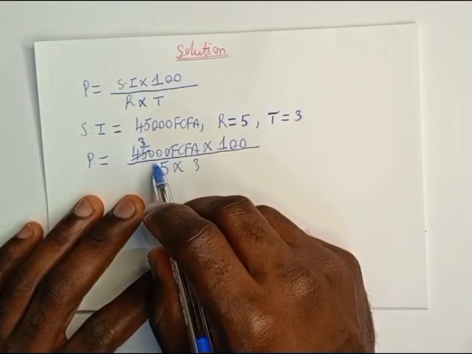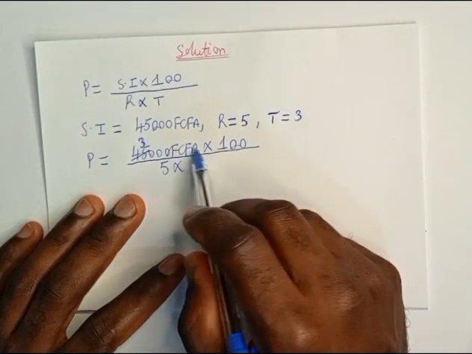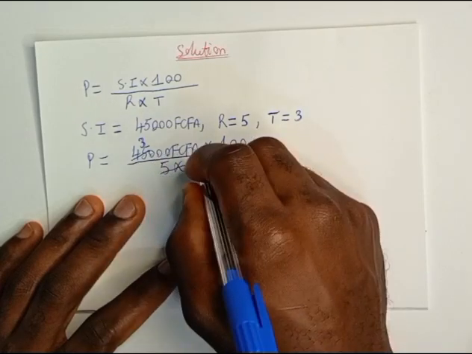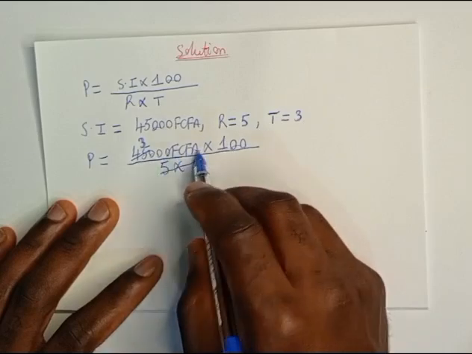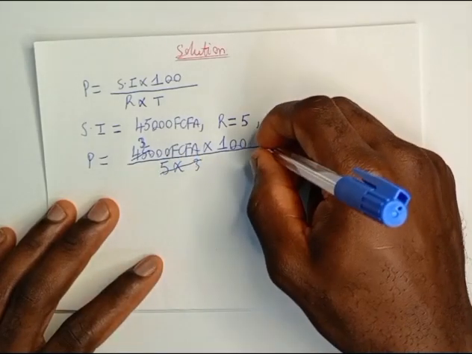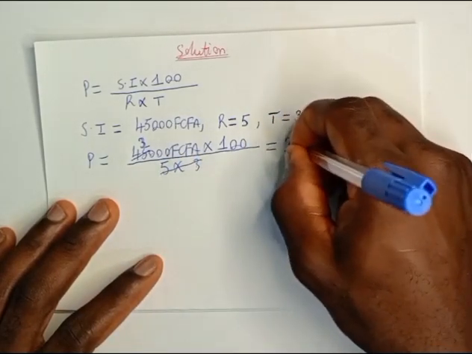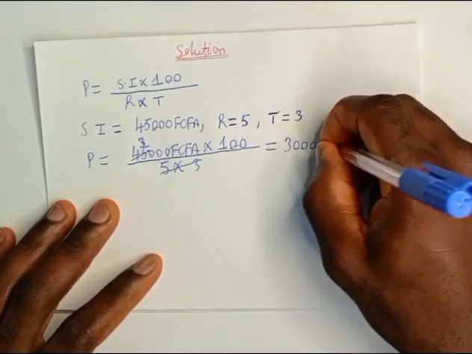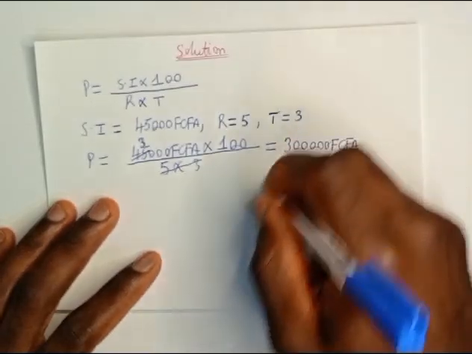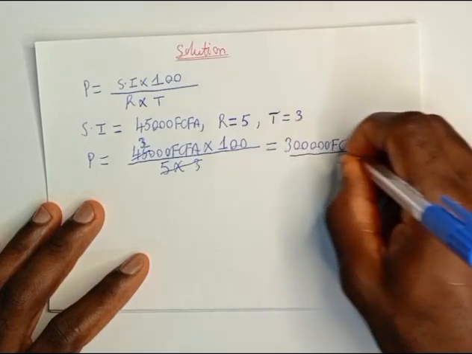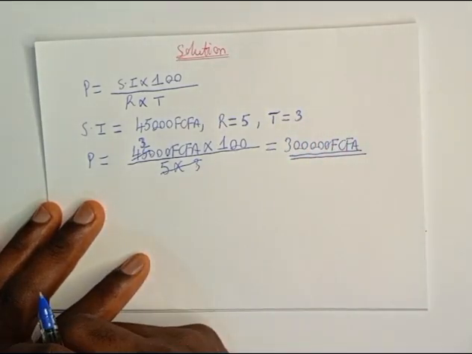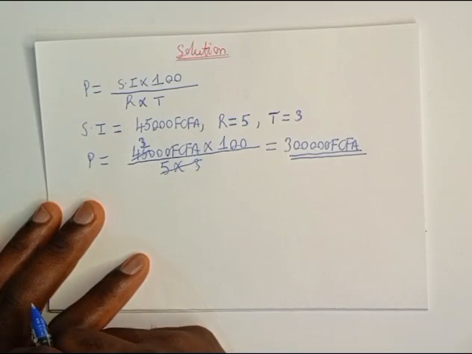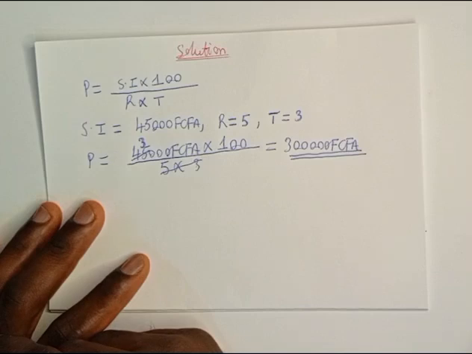Attaching these 3 zeros will give us 3,000 francs CFA. 15 divided by 15 will give us 1, since 5 times 3 is 15. 3,000 francs CFA times 100 will give us 300,000 francs CFA. So this is the principal that will yield a simple interest of 45,000 francs CFA after 3 years at a rate of 5% per annum.